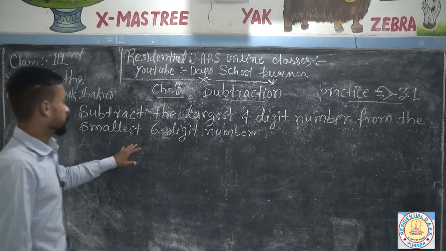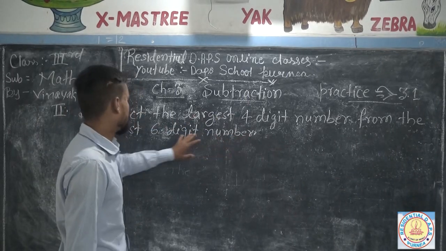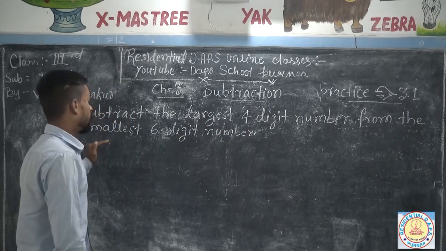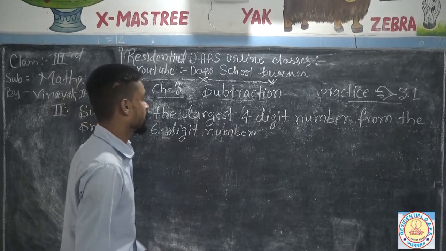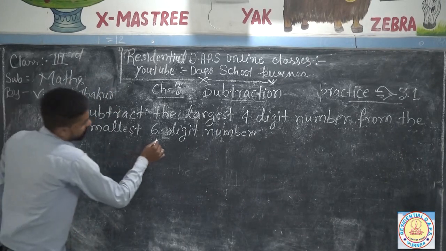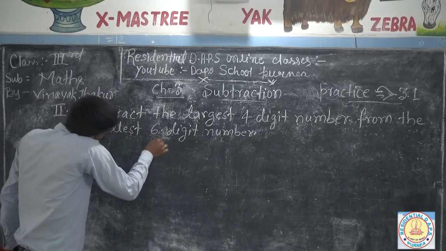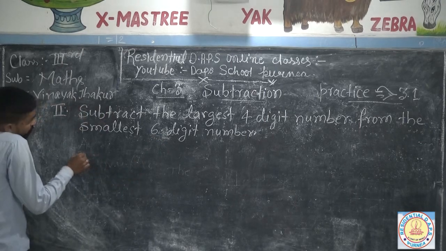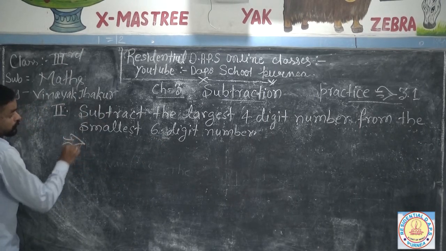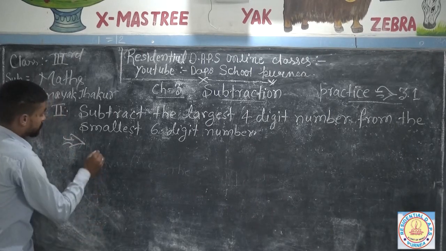Guys, here you should subtract the 4-digit largest number from the 6-digit smallest number. So you have to subtract the 4-digit number from the 6-digit number.